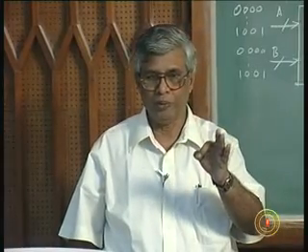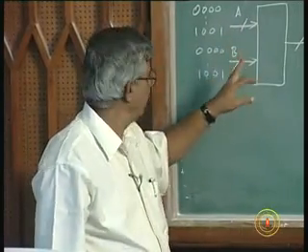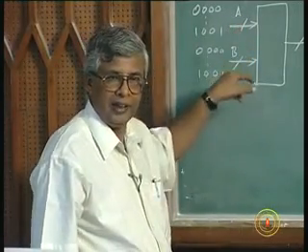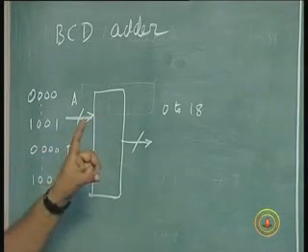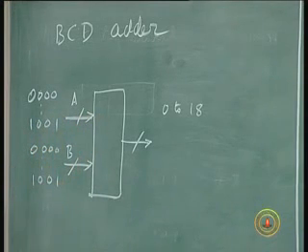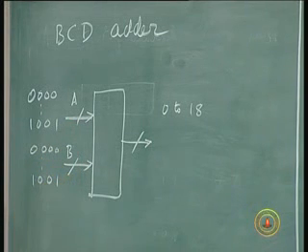If the result is 11, let us say 8 and 3, suppose this is 3 and this is 8, the result will be 11. As far as this is concerned, it's a binary adder, it's not a BCD adder. BCD adder is only in my mind, in my concept it is a BCD, but the adder is a binary adder. This is 3, this is 8, so the result is 11.